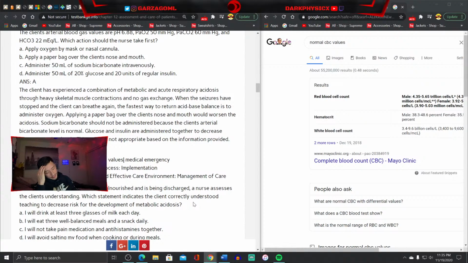So I know for metabolic acidosis, you want to have no dairy, no tomatoes, a bland diet, no toast, bananas, saltine crackers. Saltine, that's key. That's salt. So D, avoiding salt. I don't know, because saltine crackers have salt. And then you also want a low residue, low fiber diet.